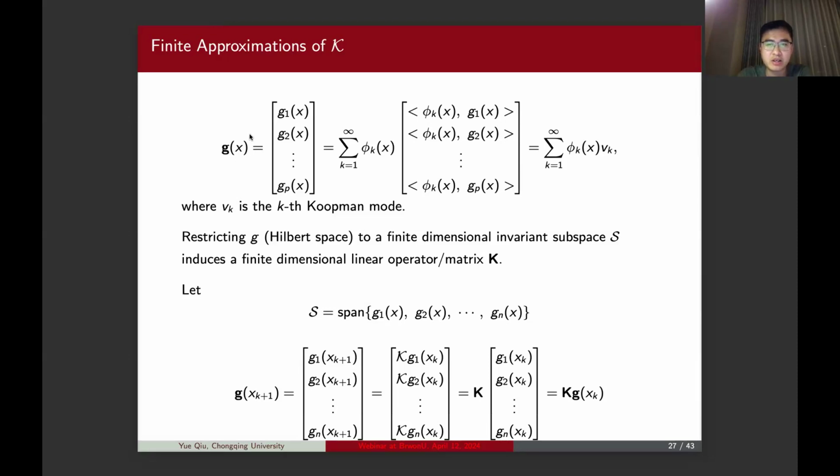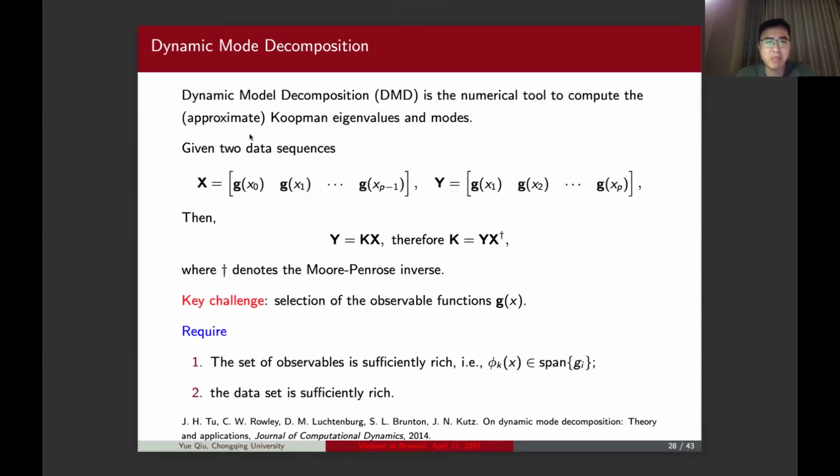So we focus on an invariant subspace of the Koopman operator, and by introducing this invariant subspace, we are able to compute. With this finite dimensional setting, it becomes easier to compute the Koopman operator. In this case, the Koopman operator becomes the Koopman matrix.